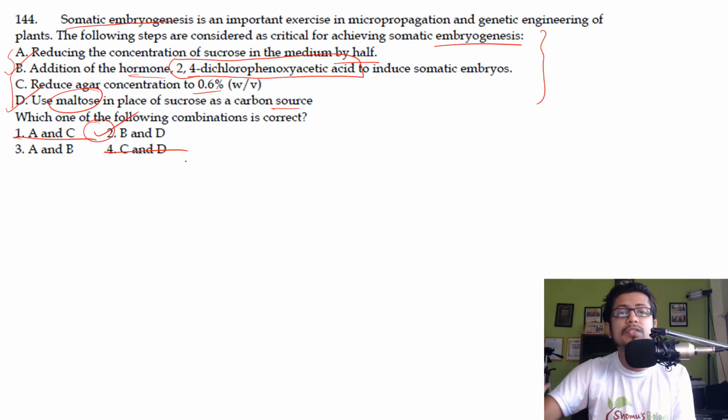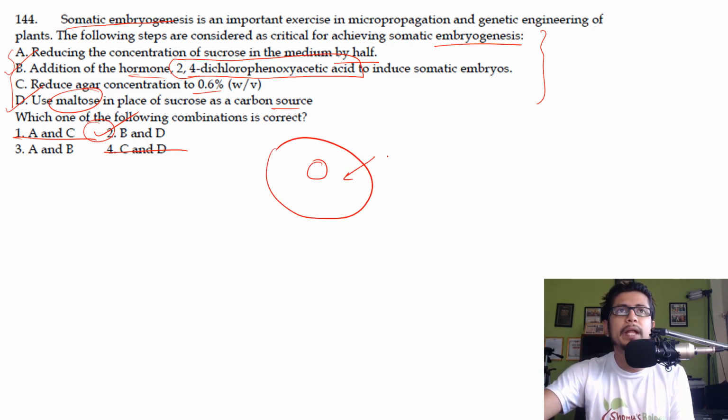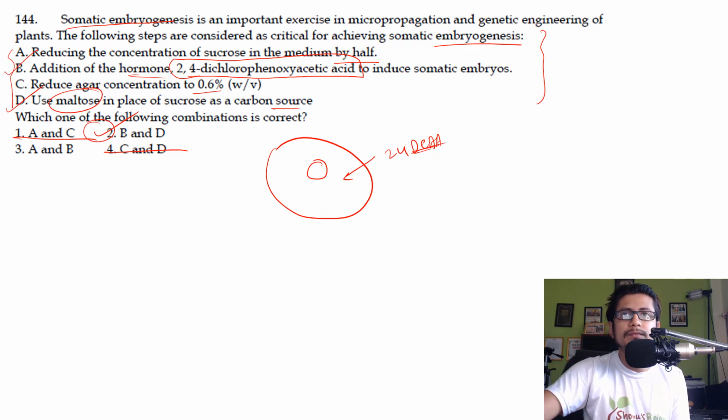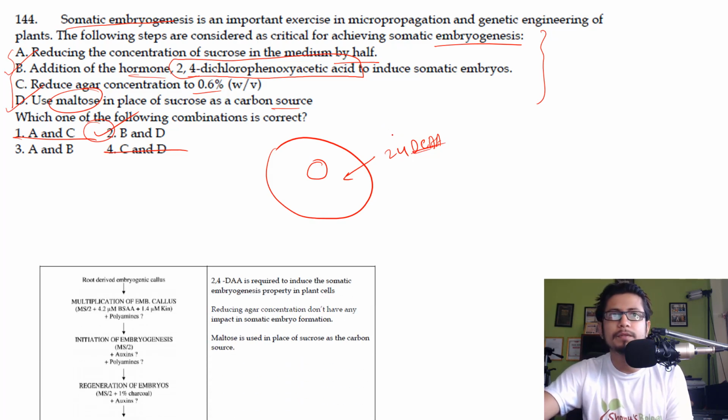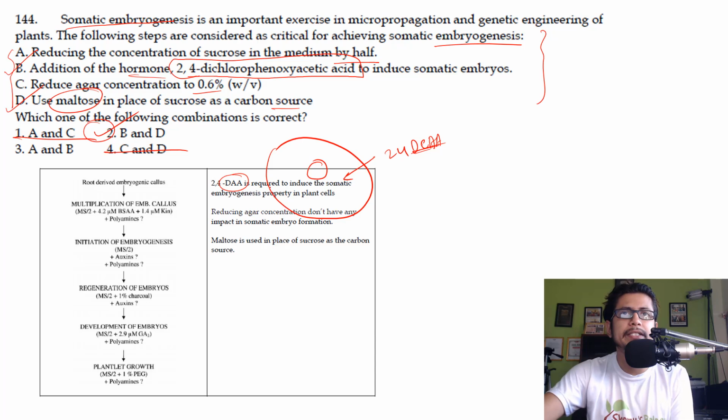So for the production of the somatic embryo, we take out the plant cell, put it into the culture media, and we supply them with 2,4-dichlorophenoxyacetic acid, okay. 2,4-D is required for it. Reducing any of this, if you look here, the concentration of sucrose, reducing the concentration of sucrose in the agar, will not have any impact.